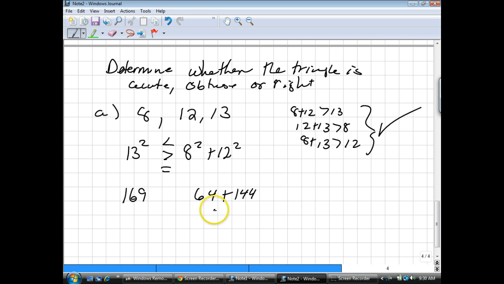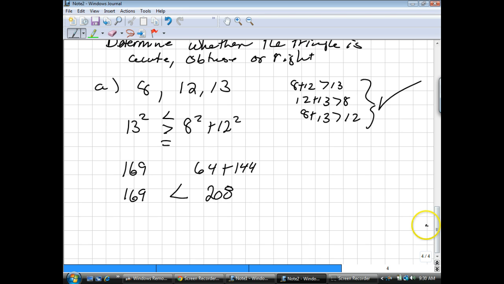And so when you add those together, you get 208, and this is 169, so this is less than. So c squared is less than, so that means it must be an acute triangle.